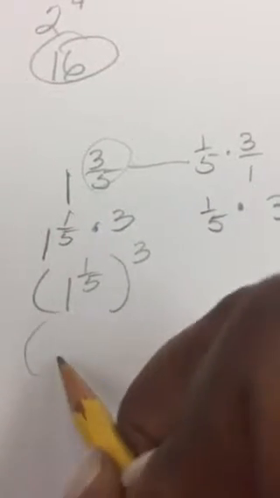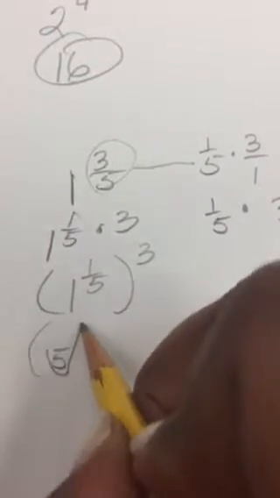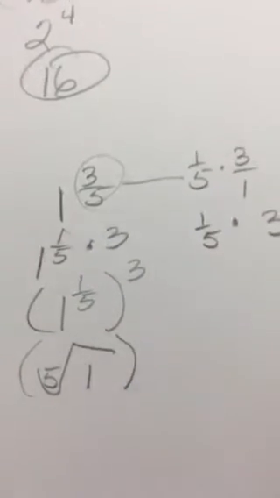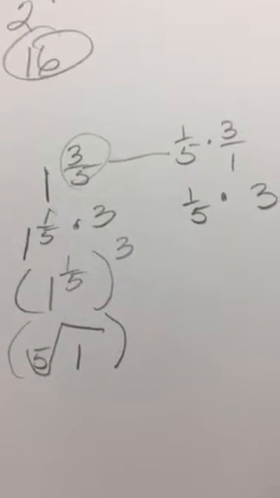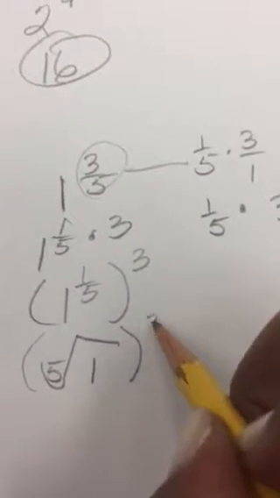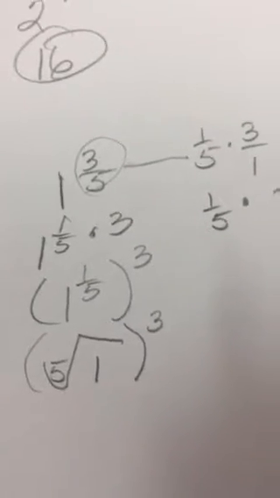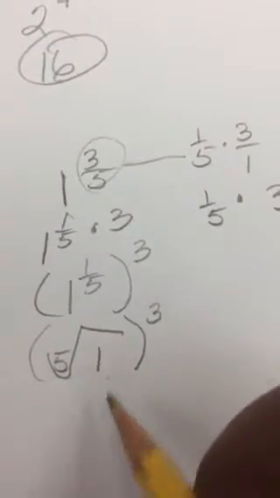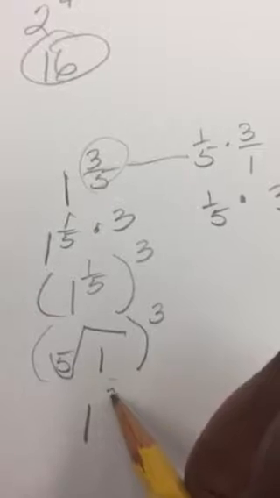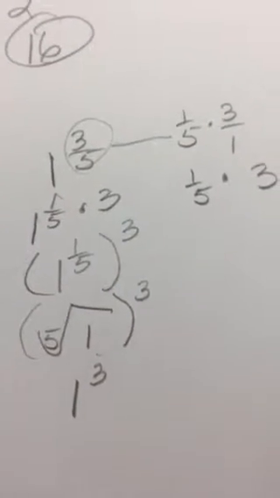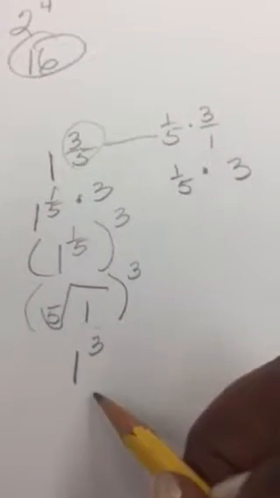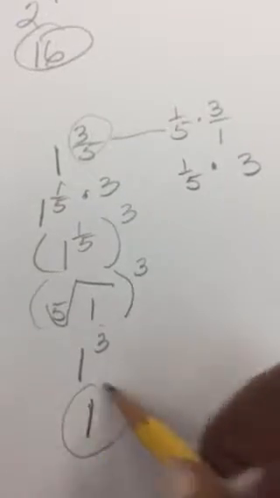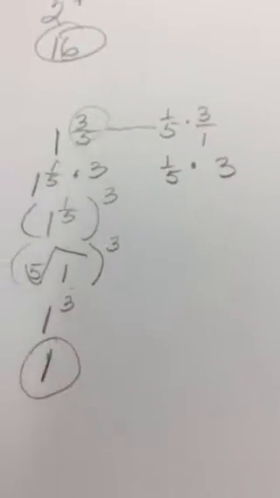Guys, I don't care how many times you multiply a 1, your answer will always be a 1. So the 5th root of 1 is simply 1. Then I put back my cube. 1 times 1 times 1, guess what it is again? 1. The answer to that one is simply 1.